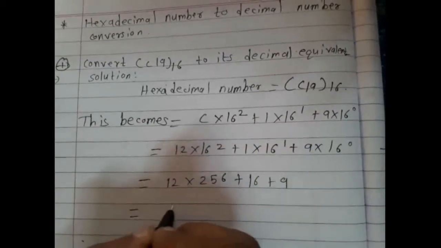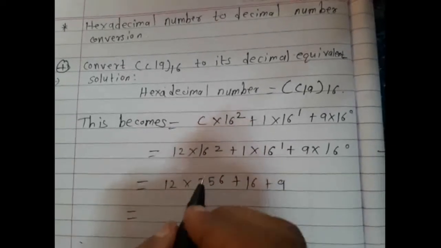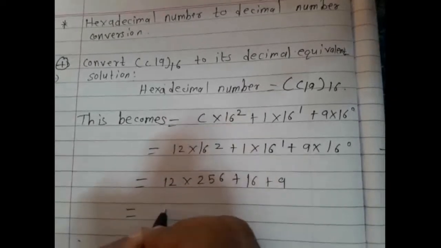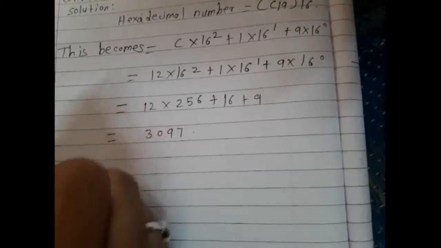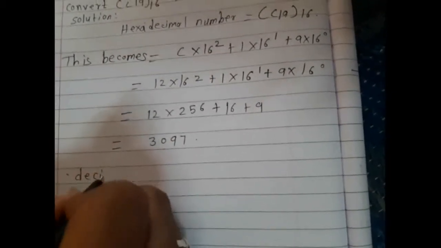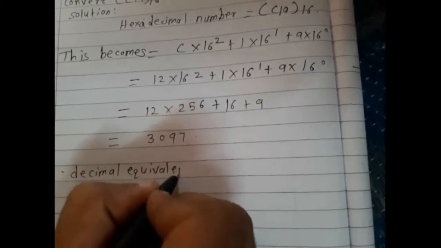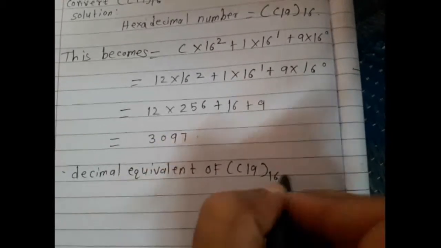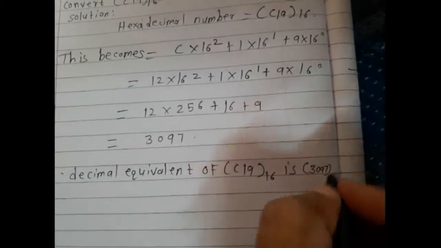Now we have to do addition. 256 into 12 equals 3072, and the total is 3097. The decimal equivalent of C19 base 16 is 3097 base 10.